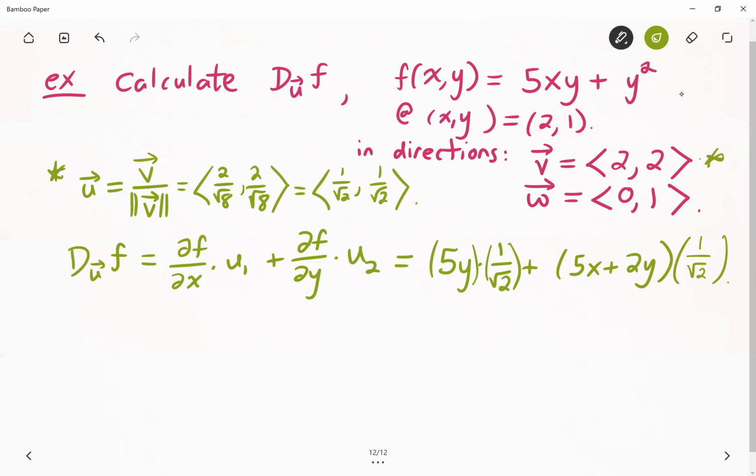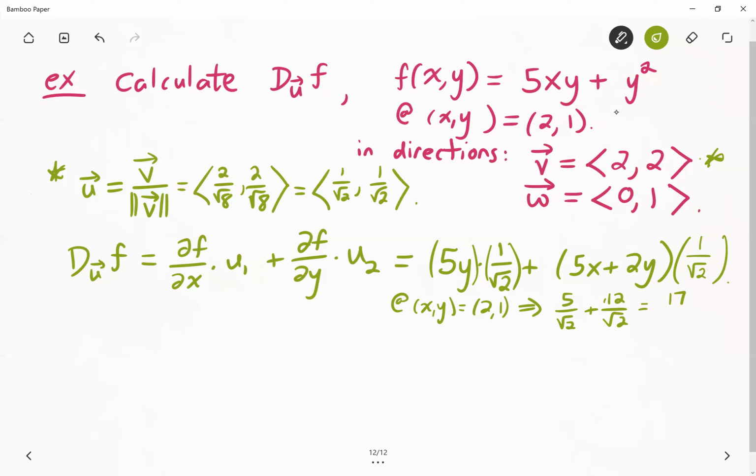And then you could evaluate it at this particular point by plugging these values in for x and y. At the point x, y equals 2, 1, you're going to plug in 1 for y, so you'll get 5 over rad 2 plus, 5x plus 2y, it'll be 10 plus 2, which is 12, plus 12 over radical 2.